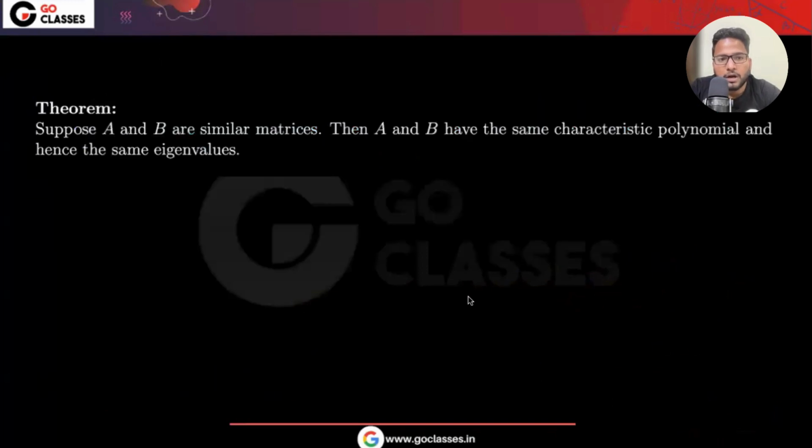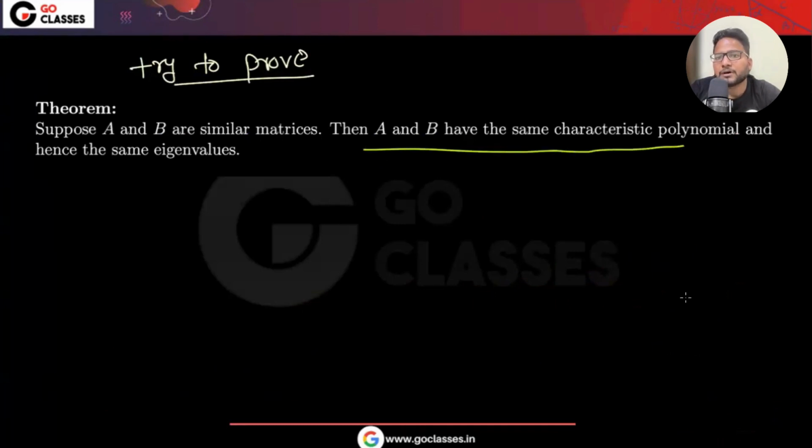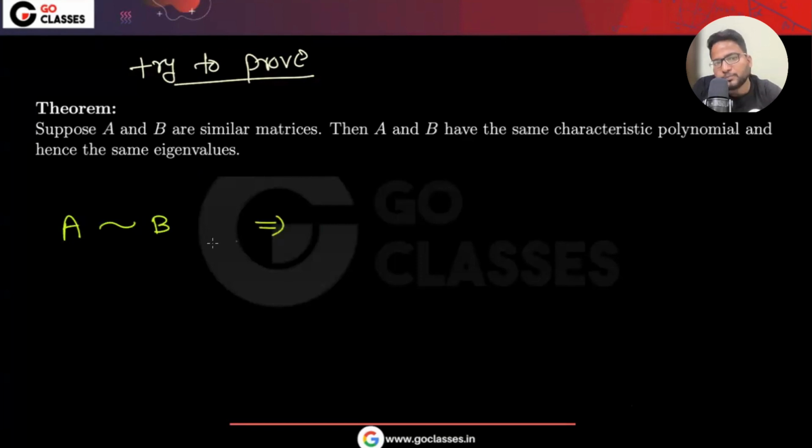Cool. Now, let's see this particular theorem, or let's try to prove what they are saying. They are saying that, suppose A and B are similar matrices, then A and B have the same characteristic polynomial and hence the same eigenvalues. So if A and B are similar matrices, then they both follow the same characteristic polynomial.